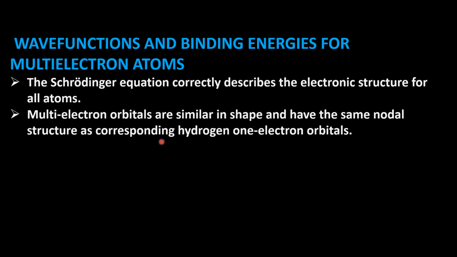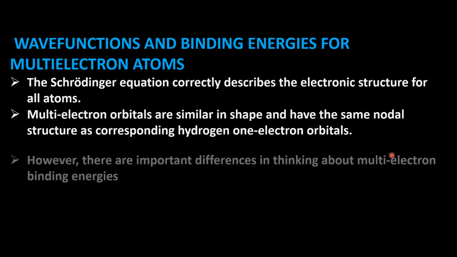So the shape of orbitals and the corresponding nodal structures remain the same for a one-electron atom like hydrogen or a multi-electron system. These are the similarities between one-electron and multi-electron atoms.